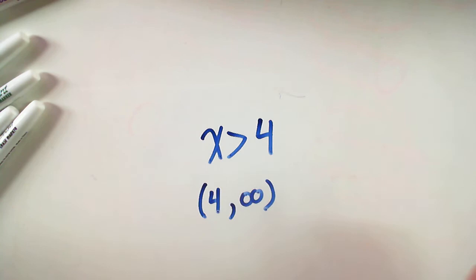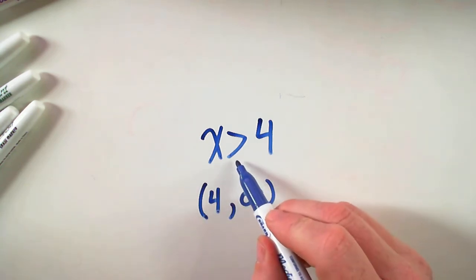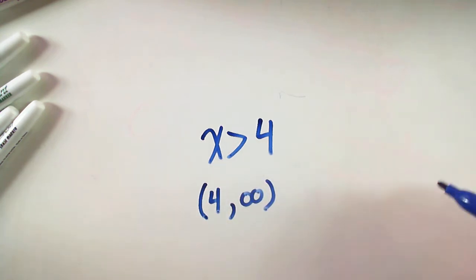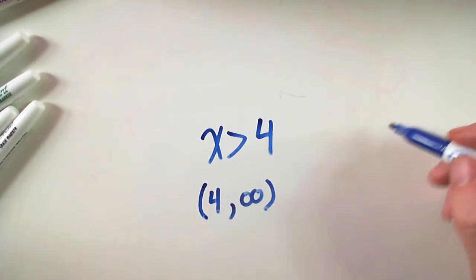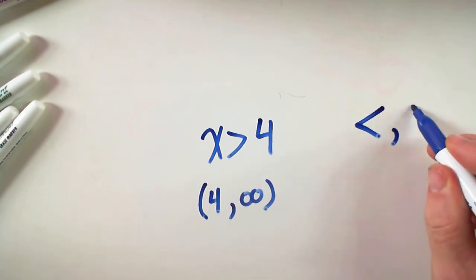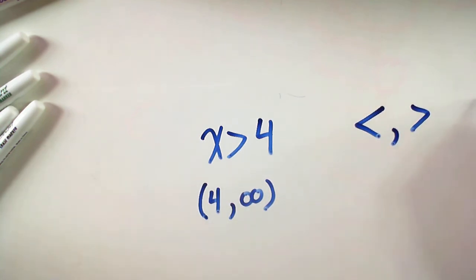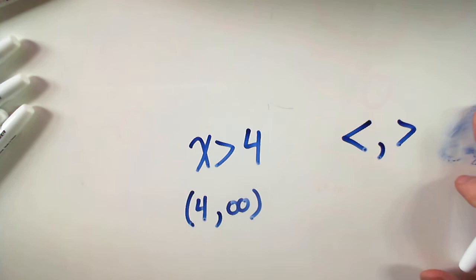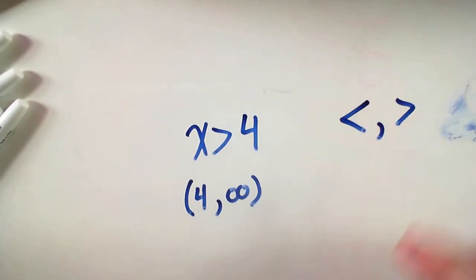Notice that in this notation we are using a parenthesis, and parentheses go along with strict inequality. So in interval notation, the less than and the greater than signs are replaced by parentheses.